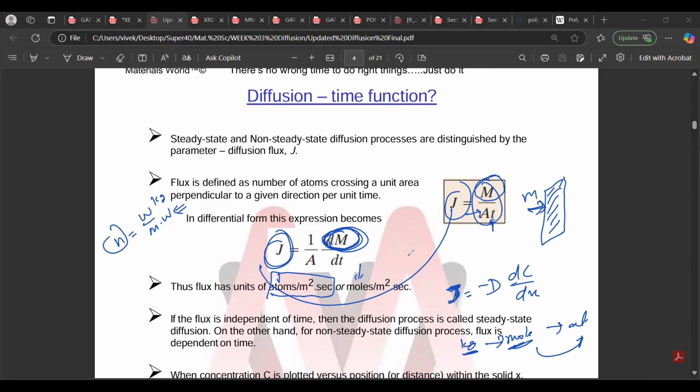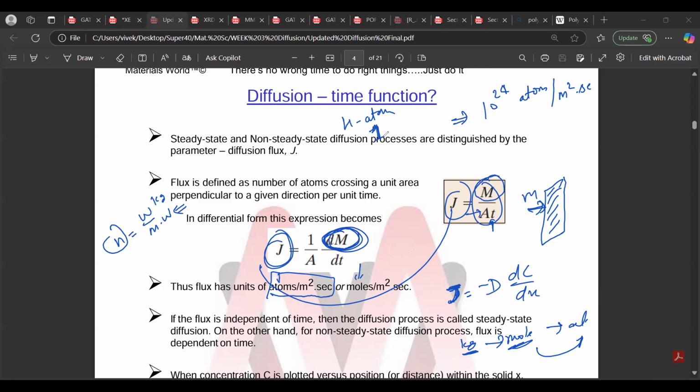Let me give you an example. Let's say I have 10 to the power 24 atoms per meter square per second, and I want to know it in kg. Let's say my atom is hydrogen. Its atomic number is 1.